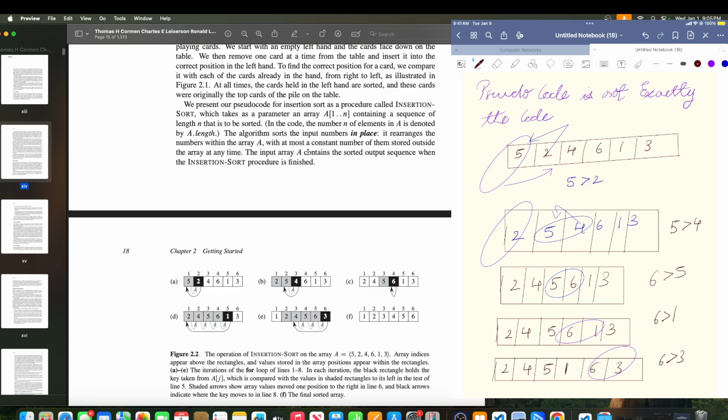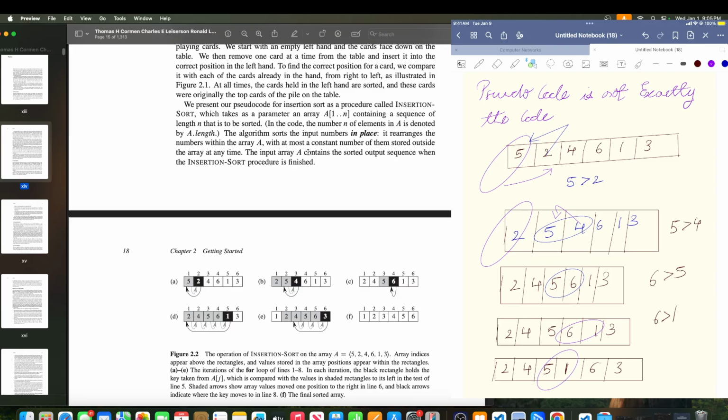But now when we come to this point, you see this 5 and 1 is not proper, right?